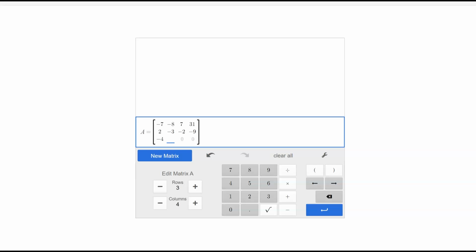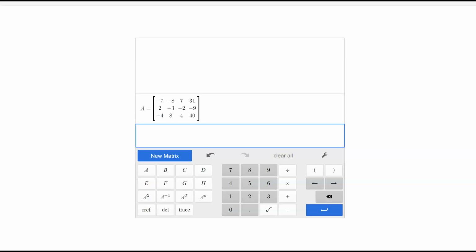Then -4, 8, 4, and 40. And so we're going to go ahead and hit ready.